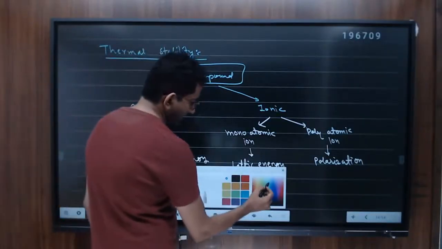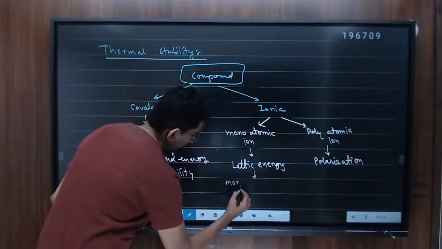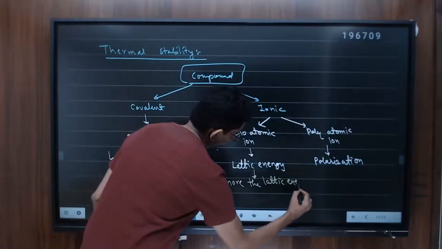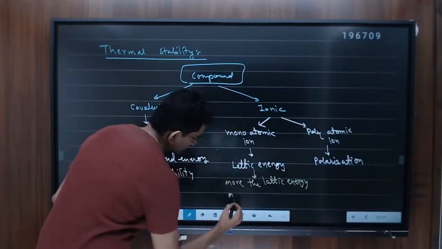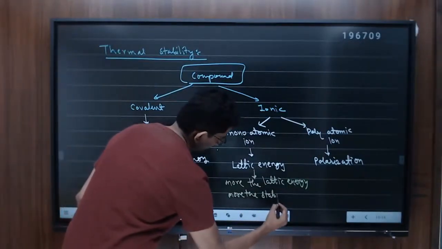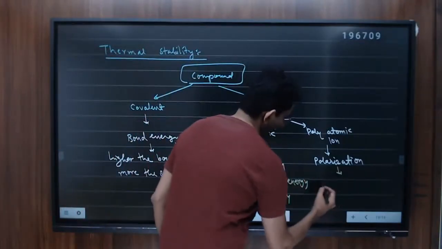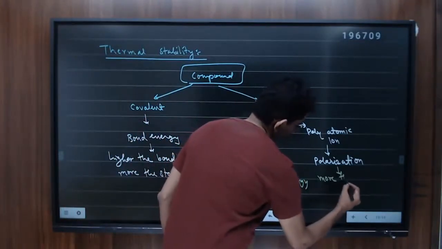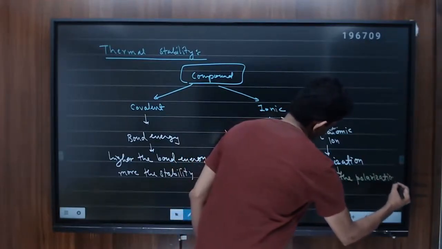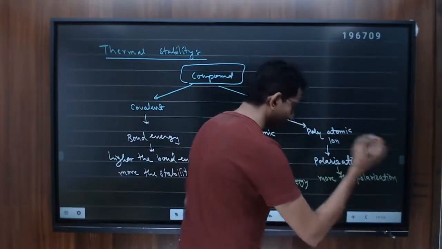What about lattice energy, students? More the lattice energy, more the stability. And here, more the polarization, more the covalent character, less the stability.